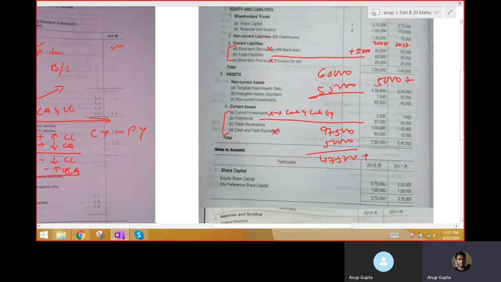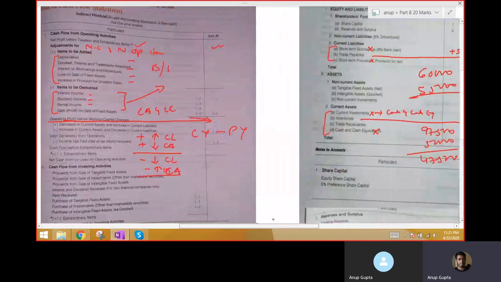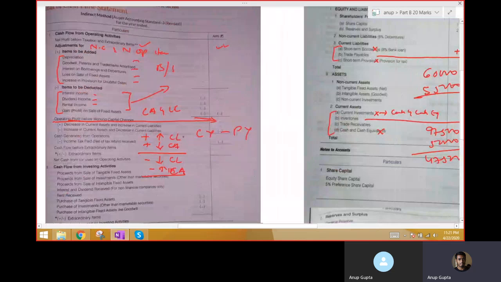So that means increase in current asset is 47,500 and increase in current liability is 5,000. Accordingly, you see what to do with increase in current liability and increase in current asset. Then you do the adjustment, write the amount here and then do the total. Then you get cash generated from operating activity.